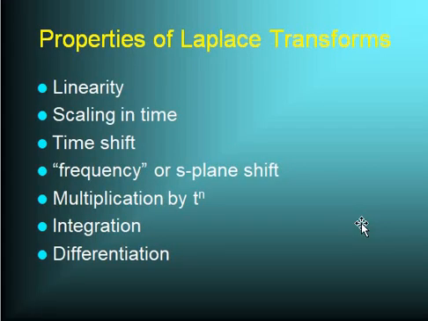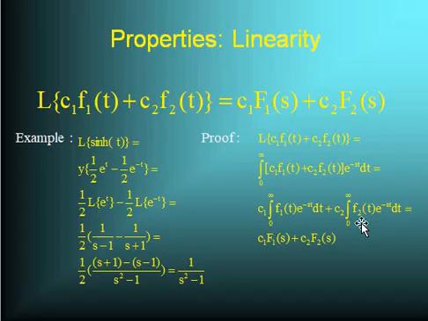Some of the properties of the Laplace transform are the linear property, the scaling property, the shifting property, and others using integration and differentiation. The linear property of the Laplace transform is denoted as L of C1 f1 of t plus C2 f2 of t, which equals C1 F1 of s plus C2 F2 of s.